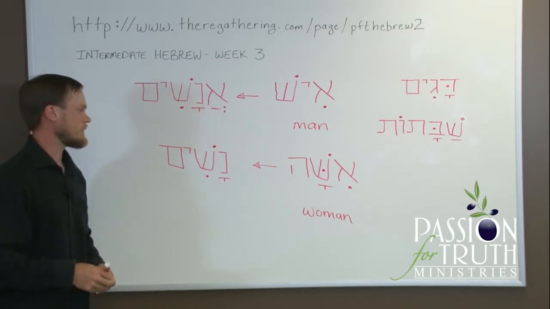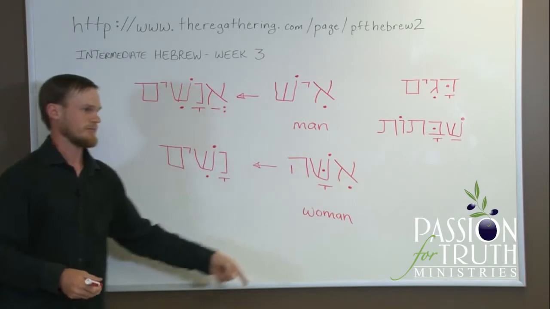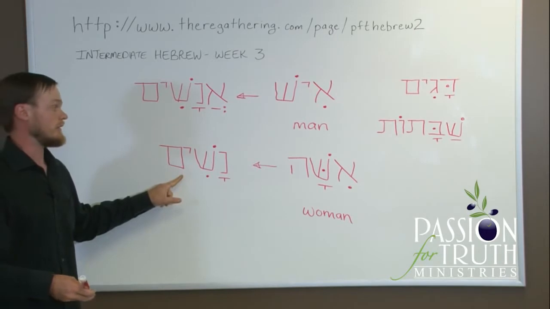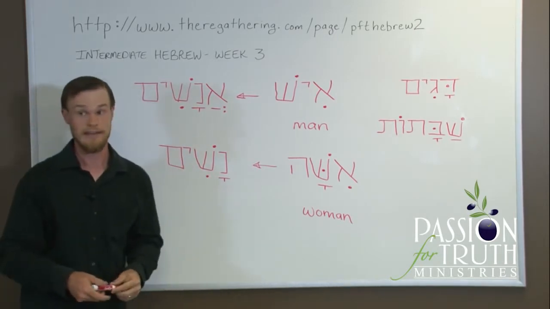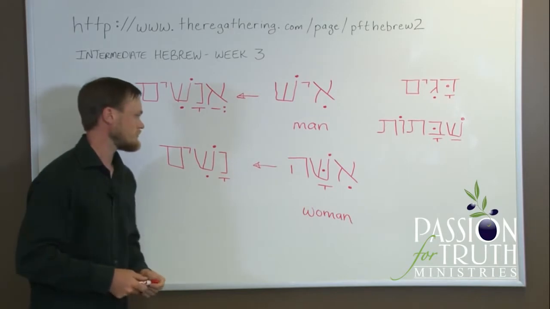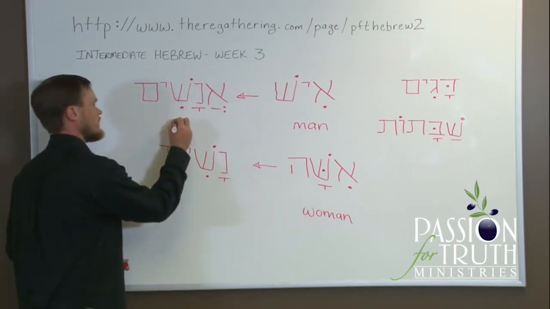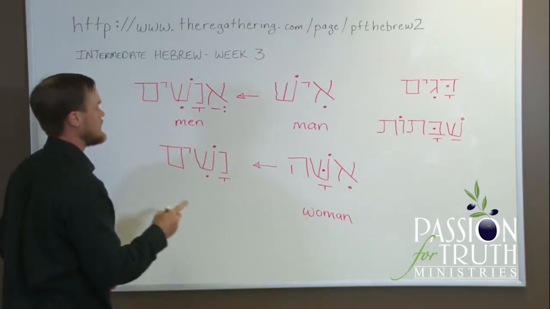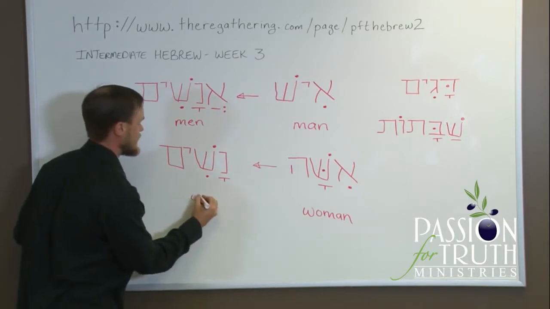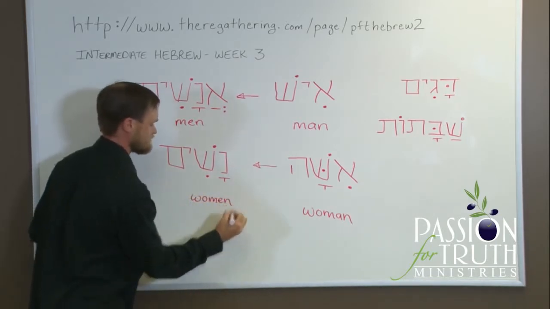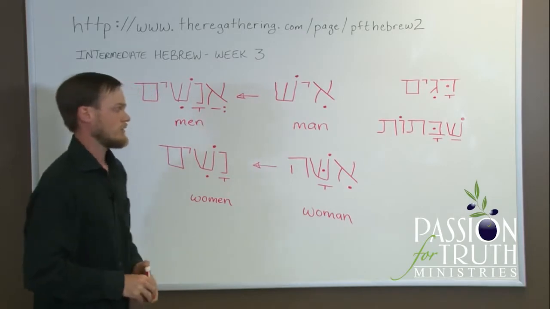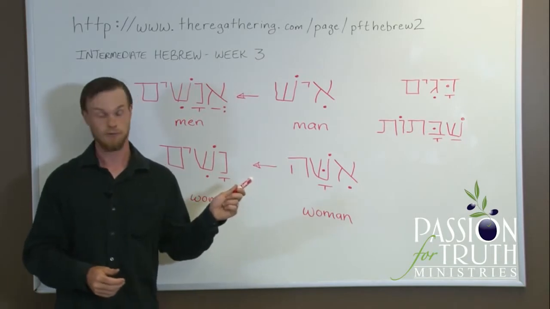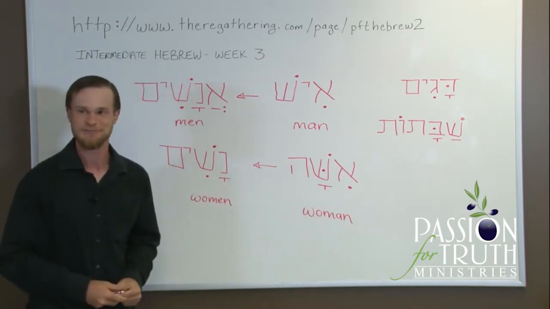So not only does it lose one letter, gain a totally different letter, but it also takes what would normally be the masculine plural ending. So Ish is man, Anashim is men, Isha is woman, and Nashim is women. So, are there any questions about these kind of strange irregularities?